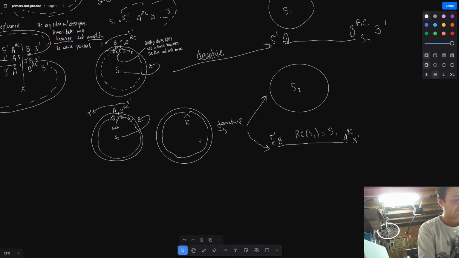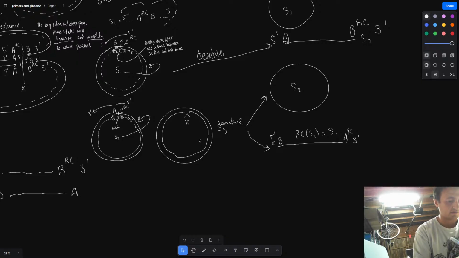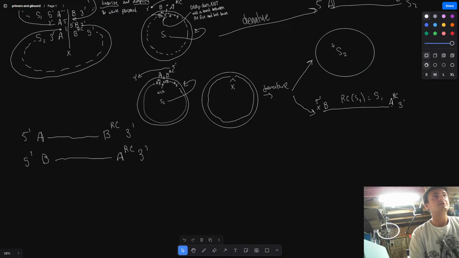We're going to have 5 prime A BRC, and we're going to have another one, which is B ARC. Okay, so this is the single-stranded. These are not connected together. They're just sitting in solution.